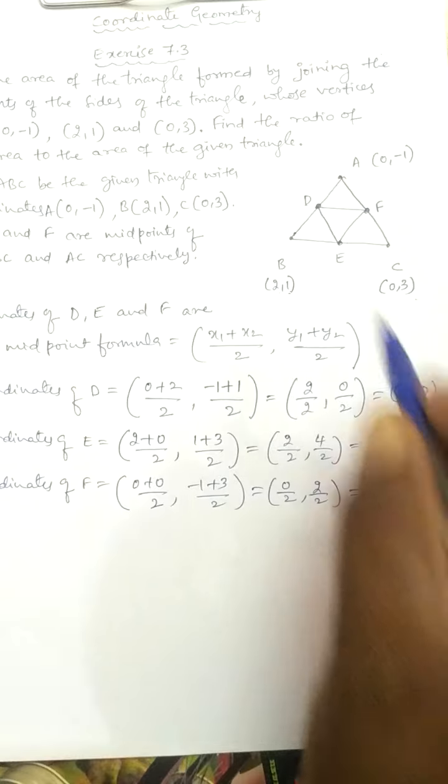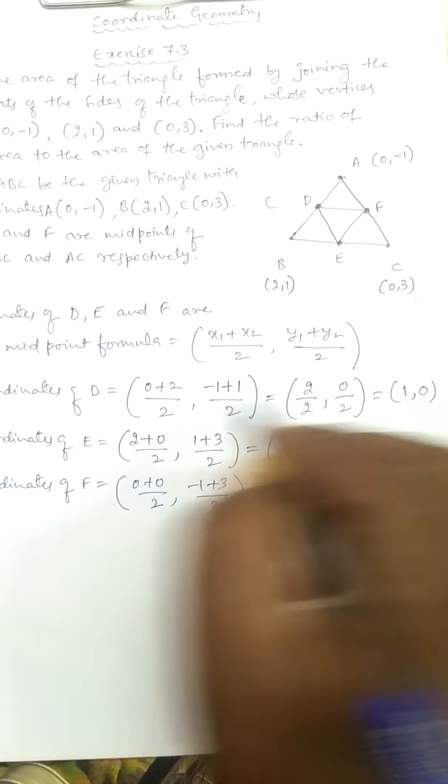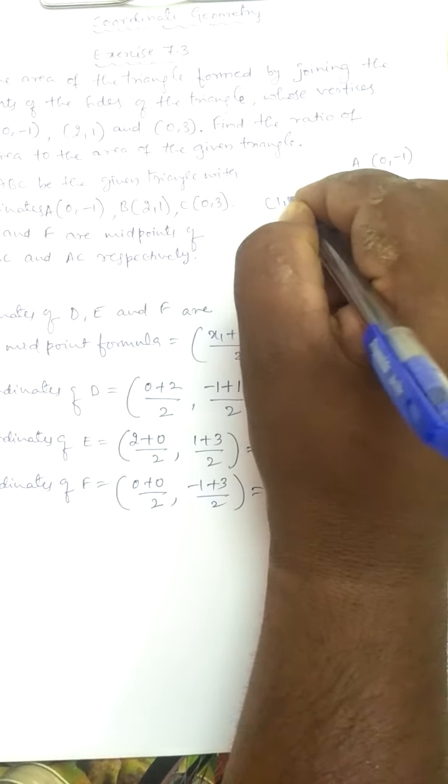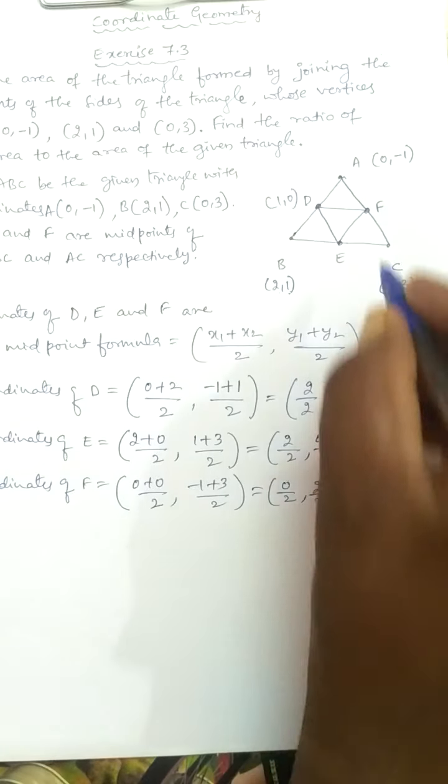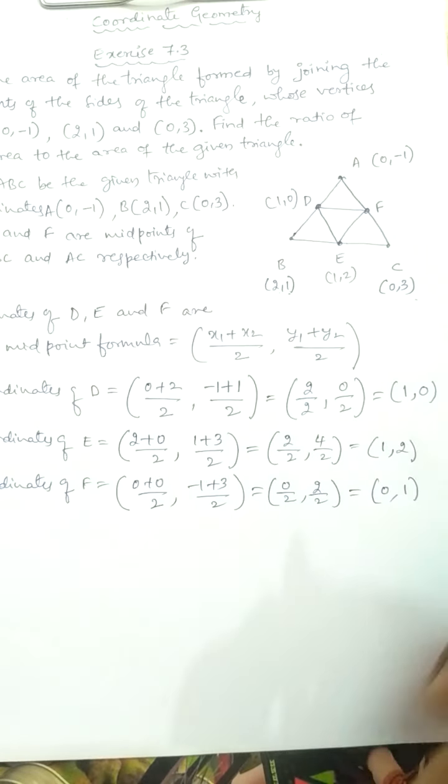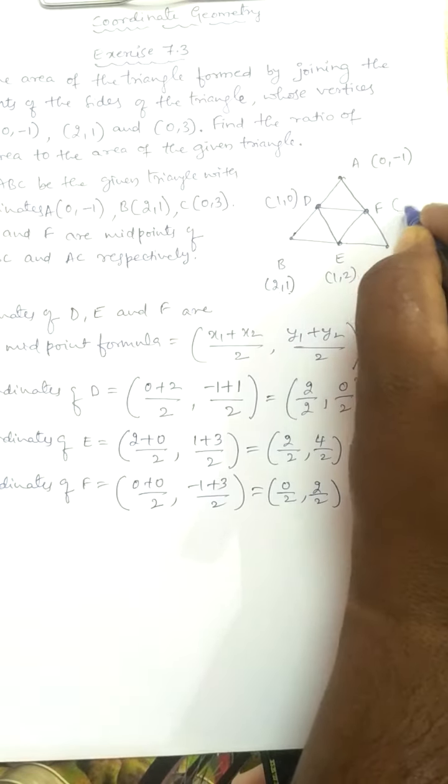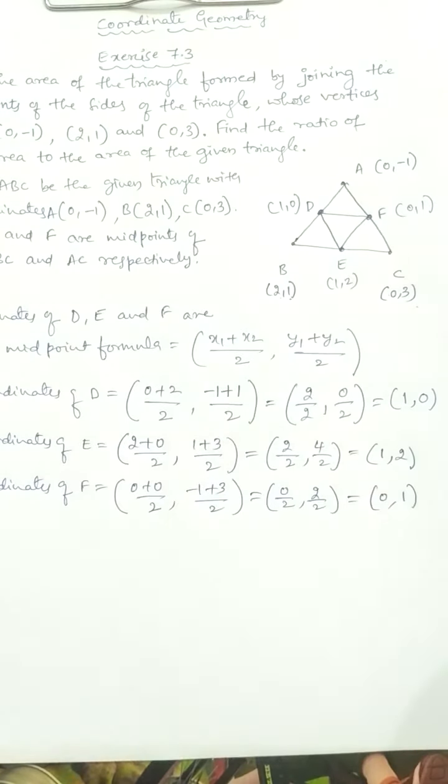So here this point is point D, 1, 0. E is 1, 2. F is 0, 1.